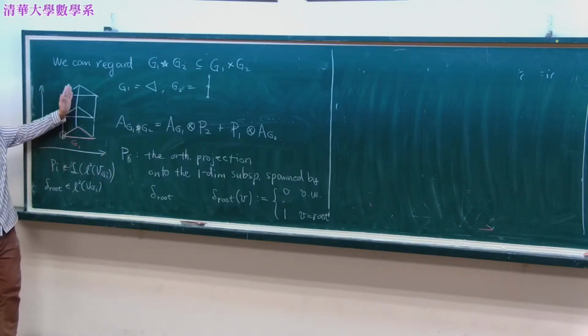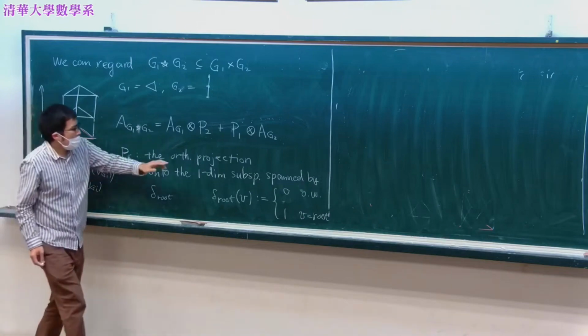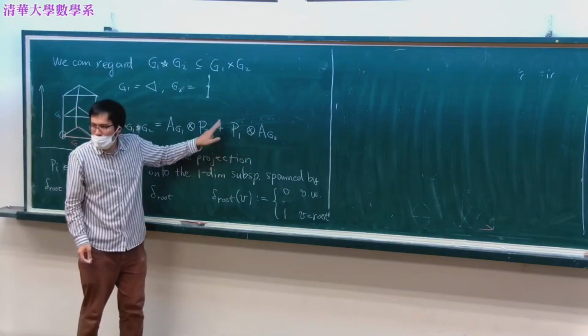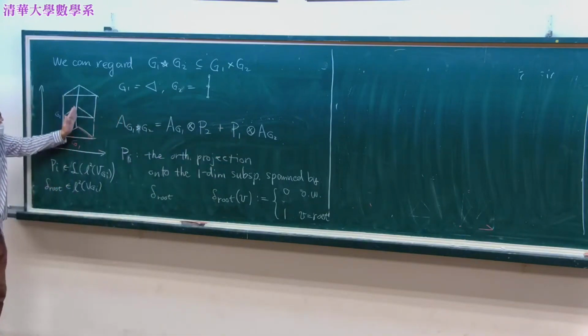Just neglect the second line and the third line. Only the first line, the vertices are connected by edges. So this is basically the meaning of this P1. Neglect the second and the third lines.